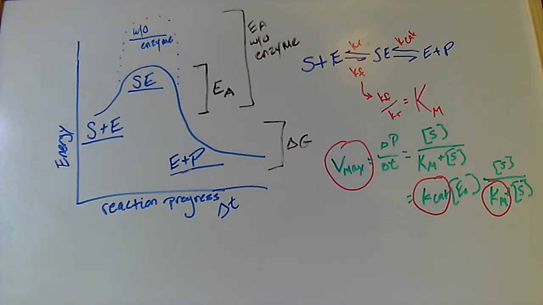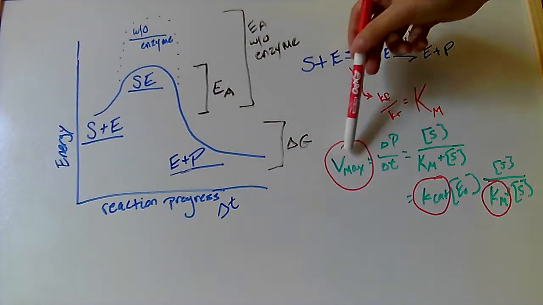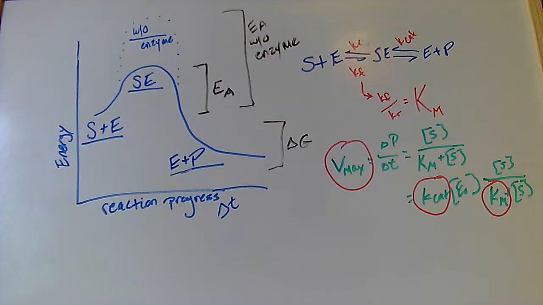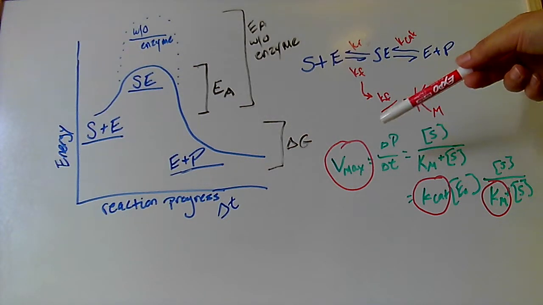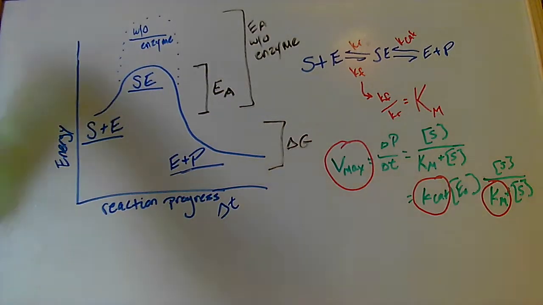What this essentially means is that if you increase kcat, which is from this complex of substrate and enzyme to enzyme plus product, you'll increase Vmax. Okay, and that makes sense because if the enzyme has this inherent property of being faster at catalyzing the reaction, the reaction will go forward faster. Okay, that seems to make sense, right?